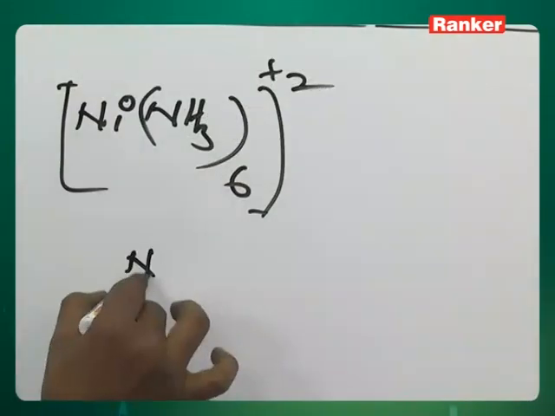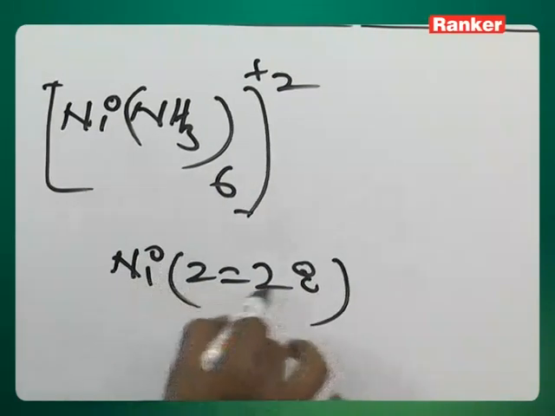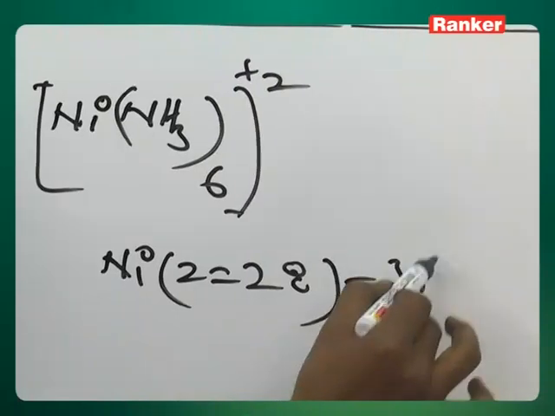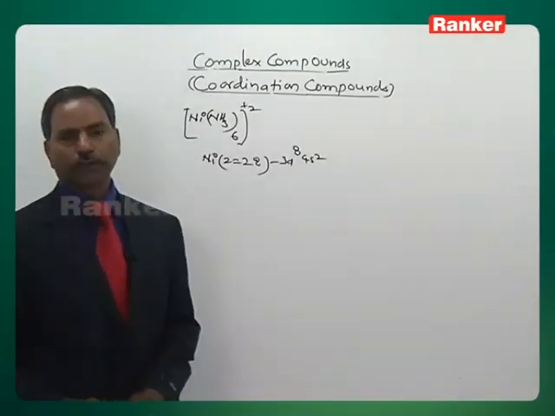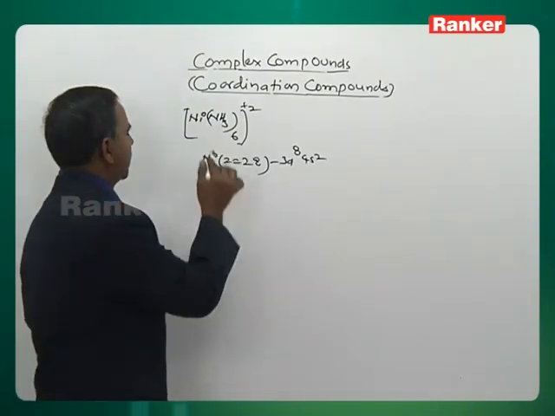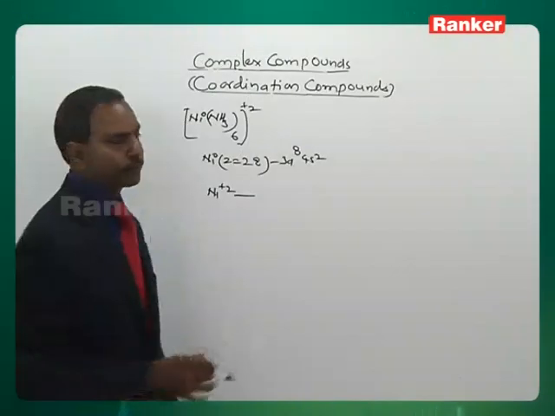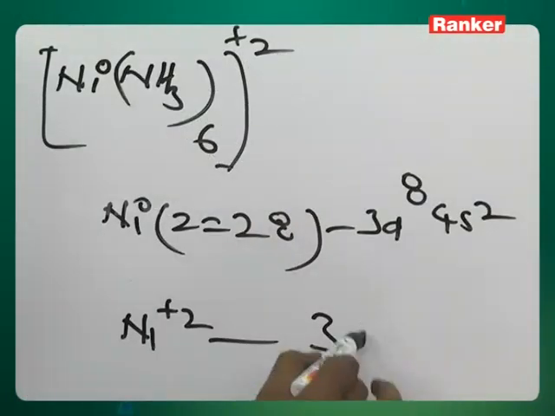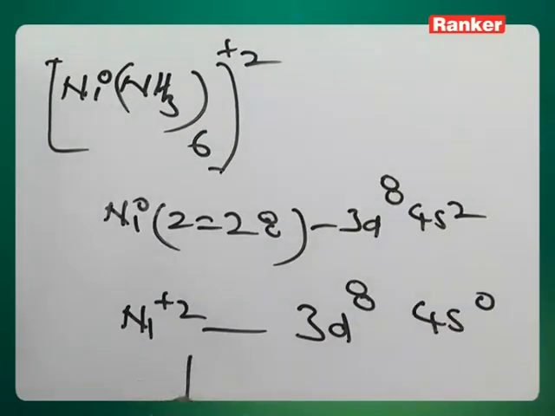Let me write nickel, atomic number equal to 28. Its configuration is 3d8 4s2. Nickel is in plus 2 oxidation state, so the remaining configuration is 3d8 4s0.